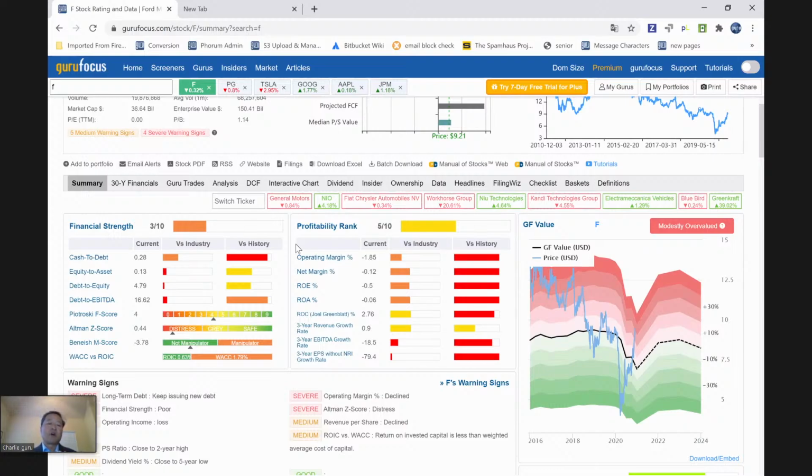In terms of quality, we have two areas. Financial strength measures the balance sheet of the company, and profitability measures how profitable this company is. Then there's the valuation. So quality is the financial strength and profitability, and valuation is here, the GF value.